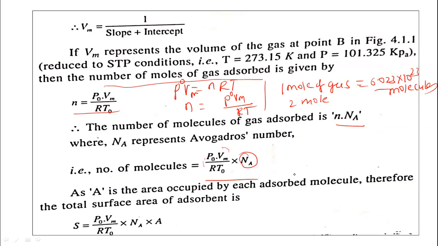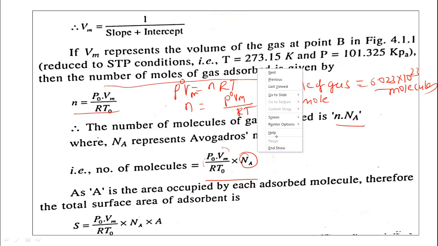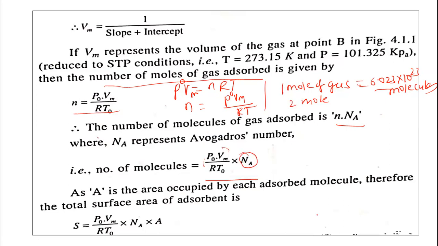Therefore, the total surface area of the adsorbent is given by the following. We want to determine here the total surface area of the adsorbent. We know the number of molecules adsorbed, and A is the area occupied by the molecule. For that molecule, A is the area required. So we can determine the surface area.